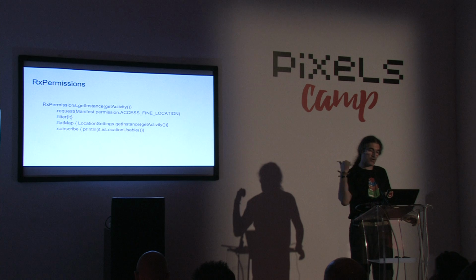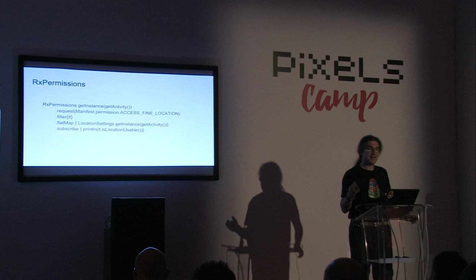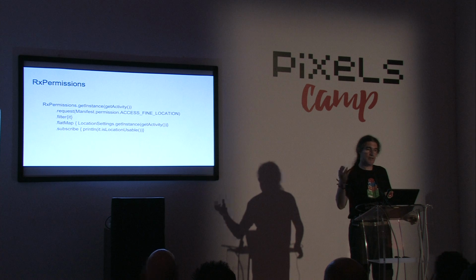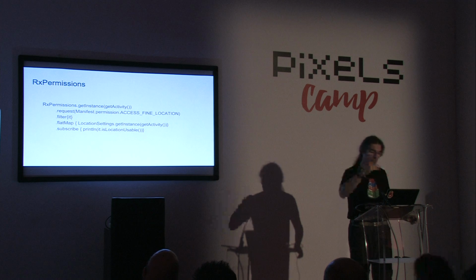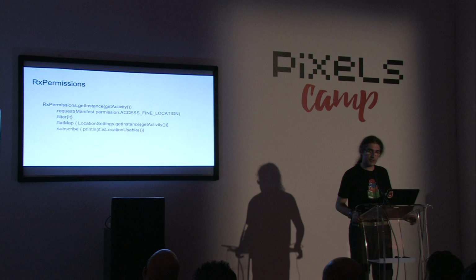And how he does it is that he launches a transparent activity that handles the dialog, and when it finishes, it gets the results of the permission call and hands it back to the subscriber.